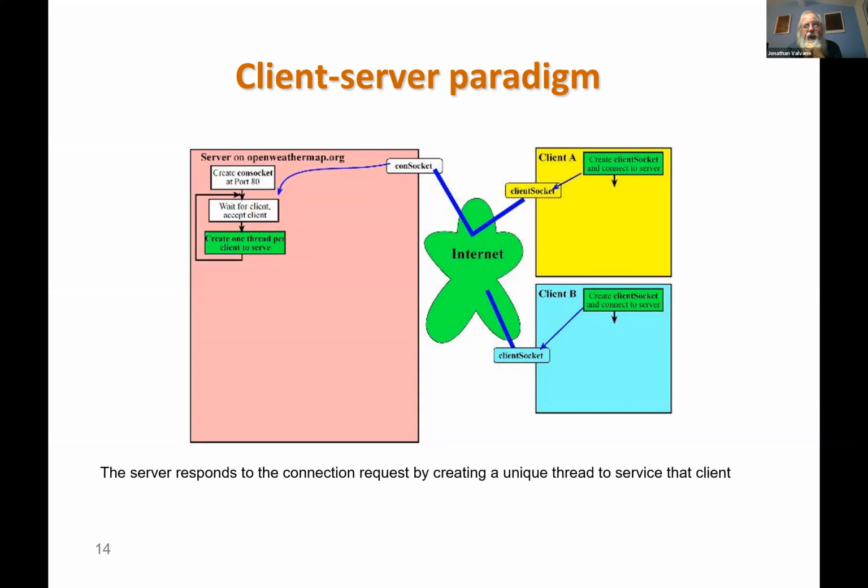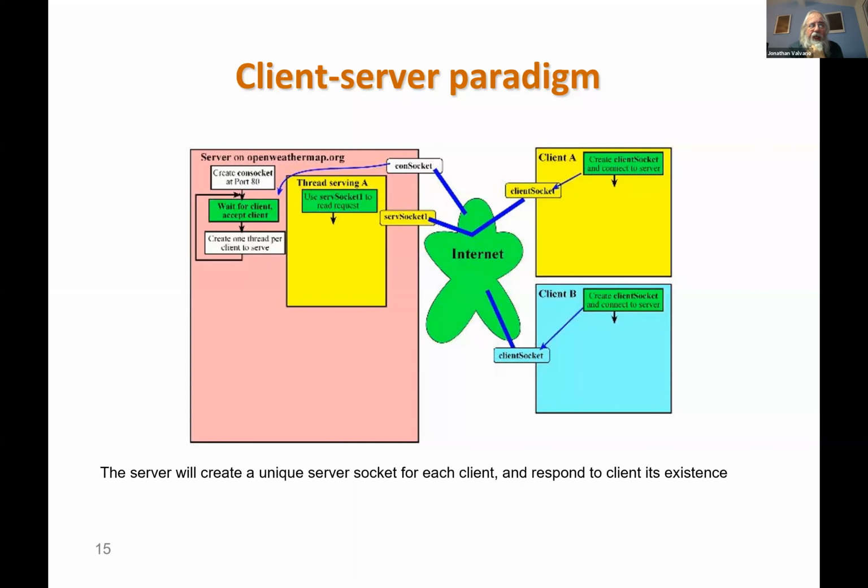Now client A has triggered an event inside the server through the connection socket. And so it's going to create a unique thread to serve that client, and that thread is going to use a server socket unique to client A and pass that back to client A.